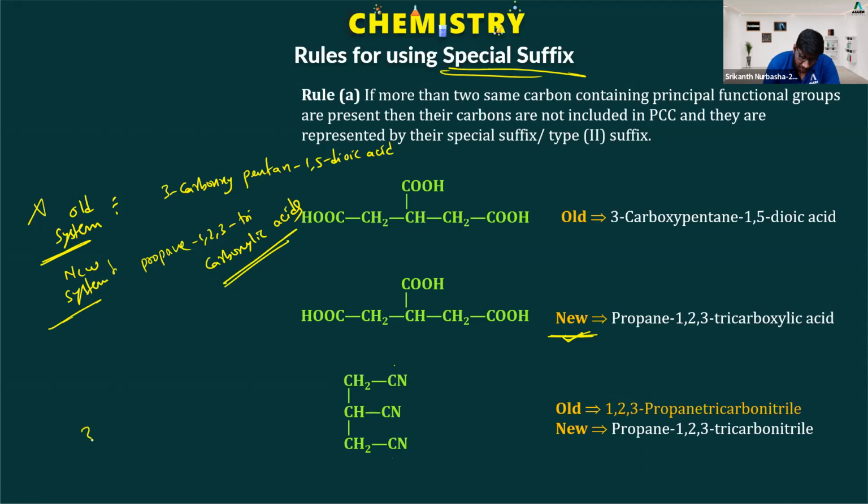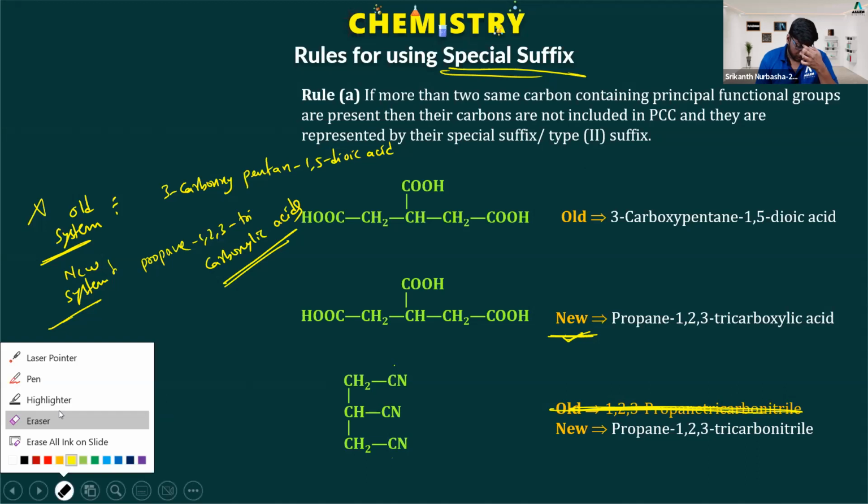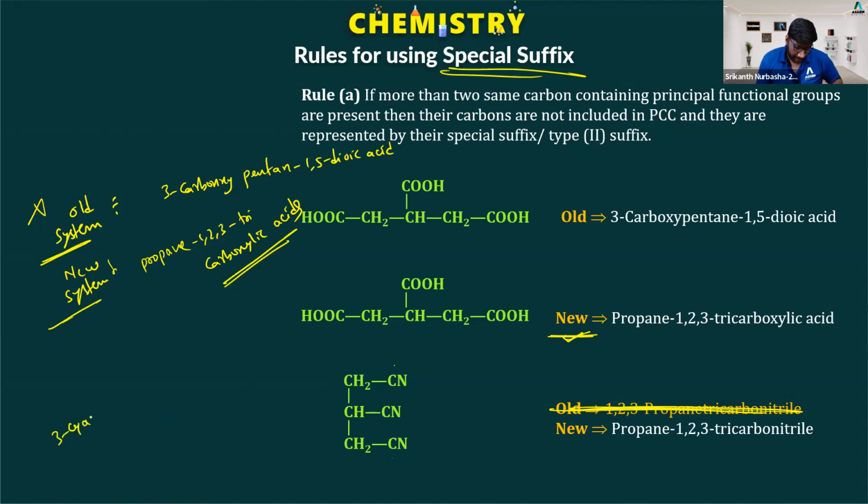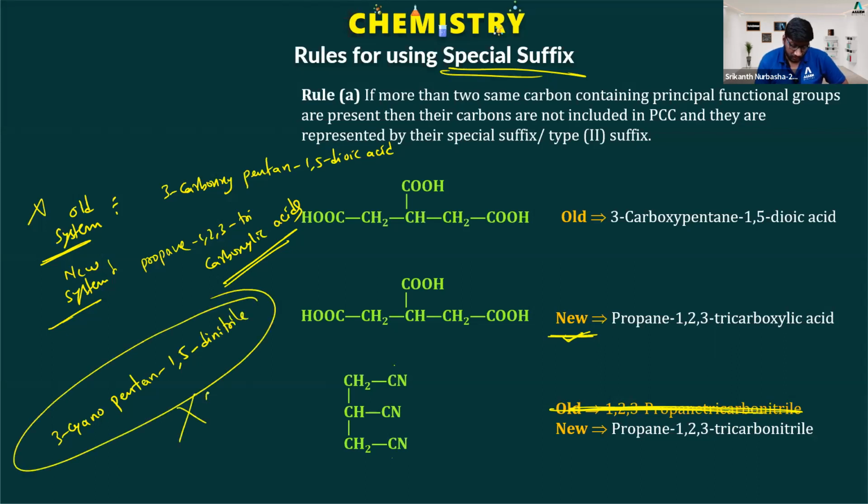So 3-cyano. On the third position, we have cyano, 3-cyano pentane, 1,5-dinitrile. This is the old system.